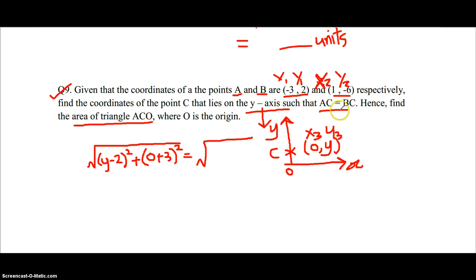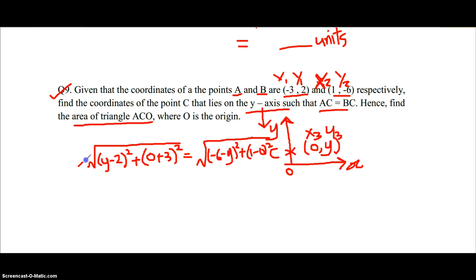Now you write for BC. So B is this, right? So minus 6, which is your y2, minus your y squared, plus, then what do you have here? 1 minus 0 squared.